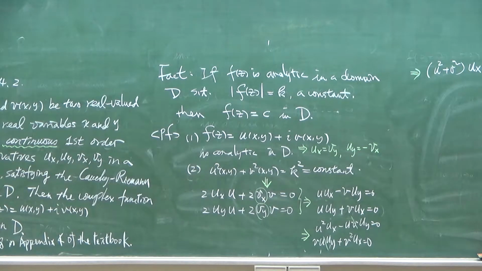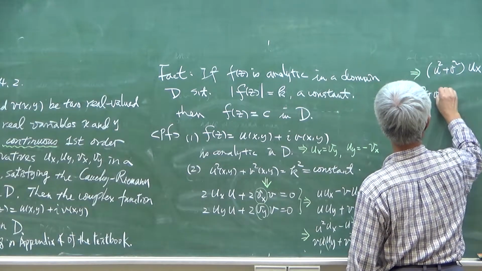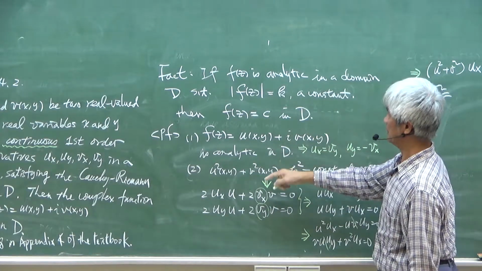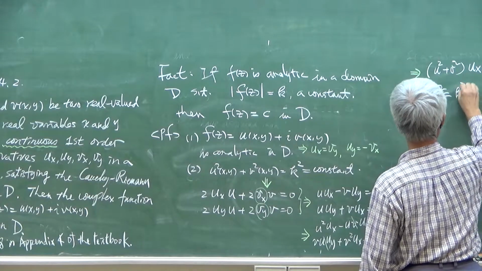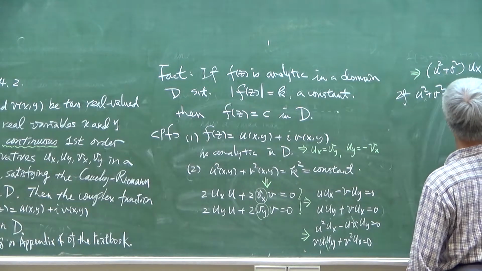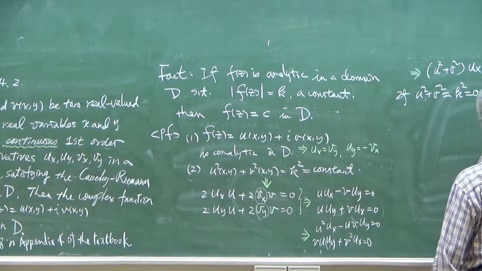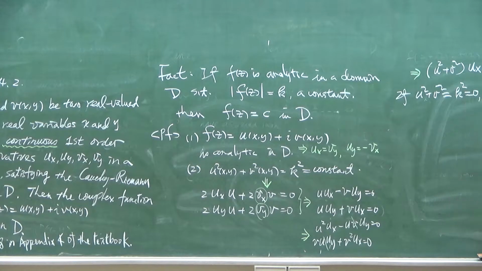Okay, so now u squared plus v squared is k squared. If this is 0, then we know u equals 0, v is 0, and hence f is equal to 0.